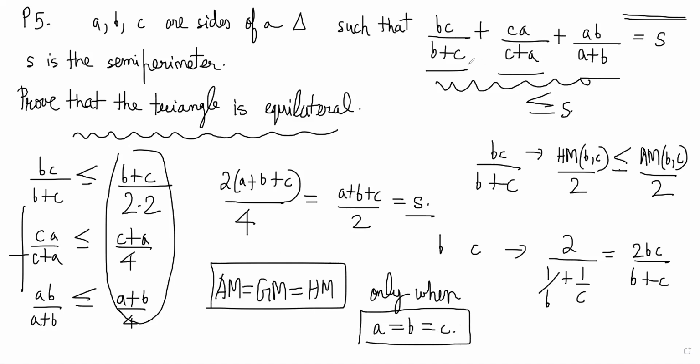Therefore, it must be an equilateral triangle, because here you're getting this is less than or equal to S, but it is given that it is equal to S. So here we are using the fact that HM is less than or equal to AM, correct?